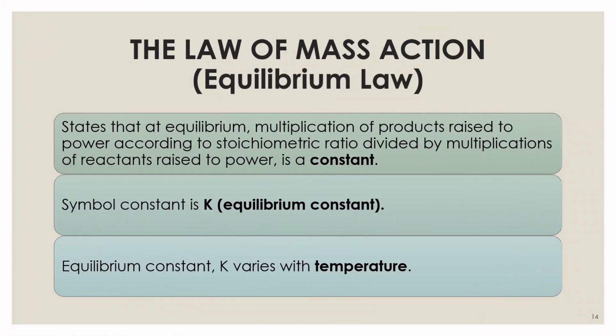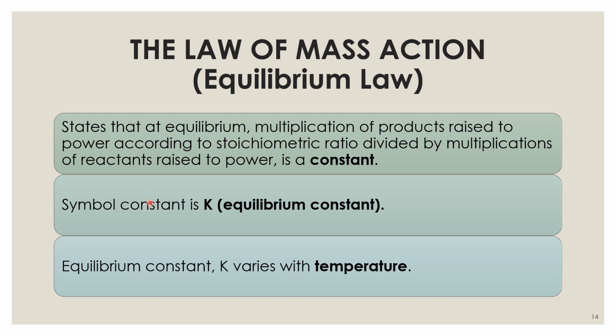The law of mass action or equilibrium law. So this law of mass action states that the multiplication of products raised to power according to stoichiometric ratio divided by multiplication of reactants raised to power is known as a constant. Hasil darab produk yang mempunyai power according to stoichiometric ratio dibahagikan dengan hasil darab of reactant yang mempunyai power dikenali sebagai constant.